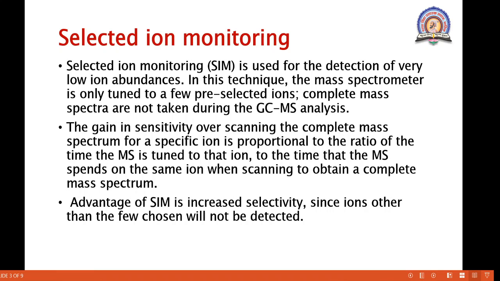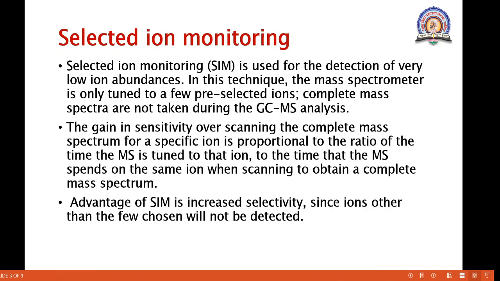So, in selected ion monitoring, a few ions are monitored. An increase in sensitivity from 5 to 500 for specific compounds is obtained, depending upon the instrumental conditions and the number of ions monitored.